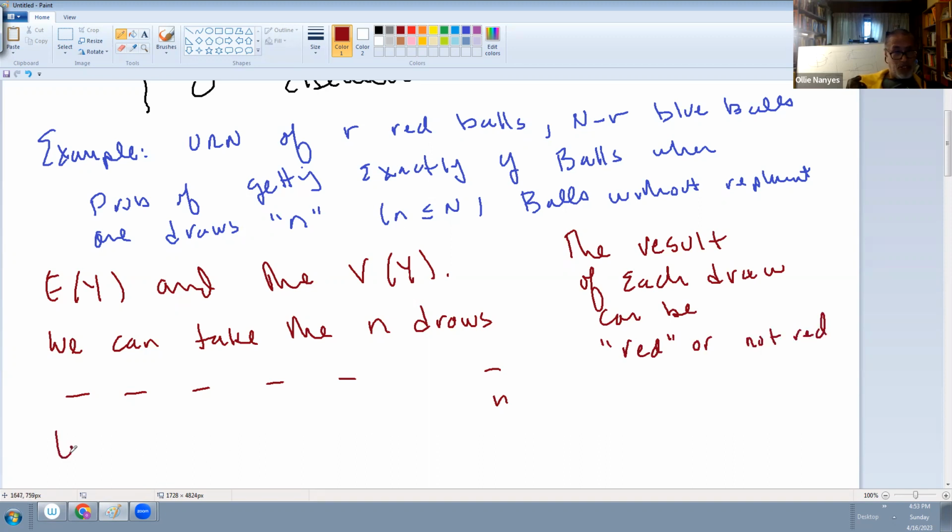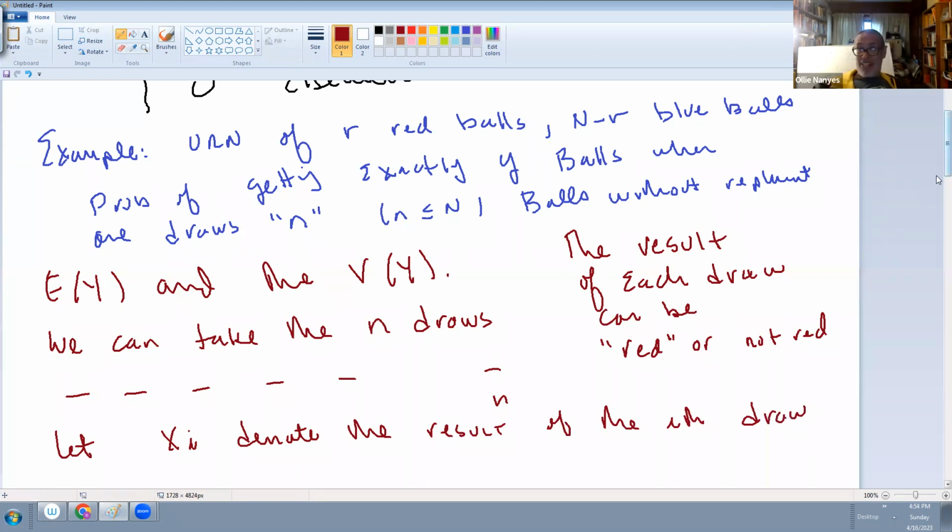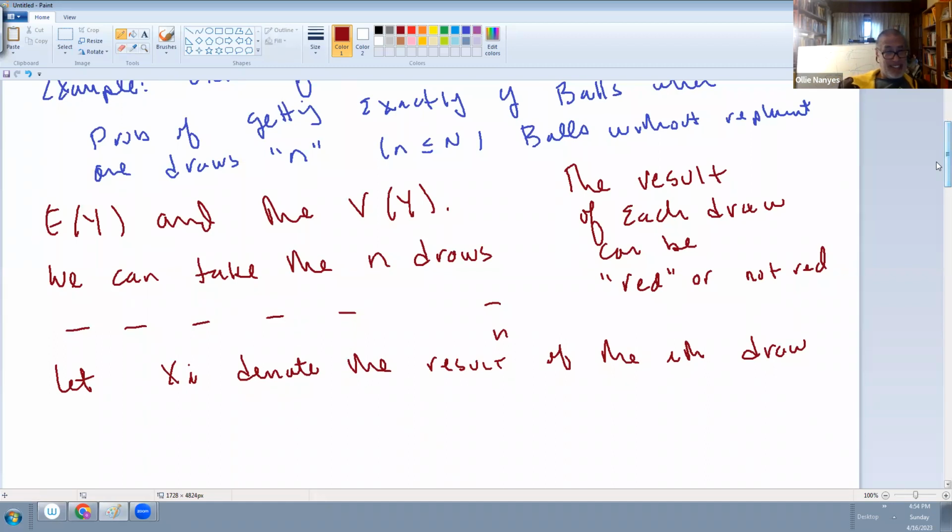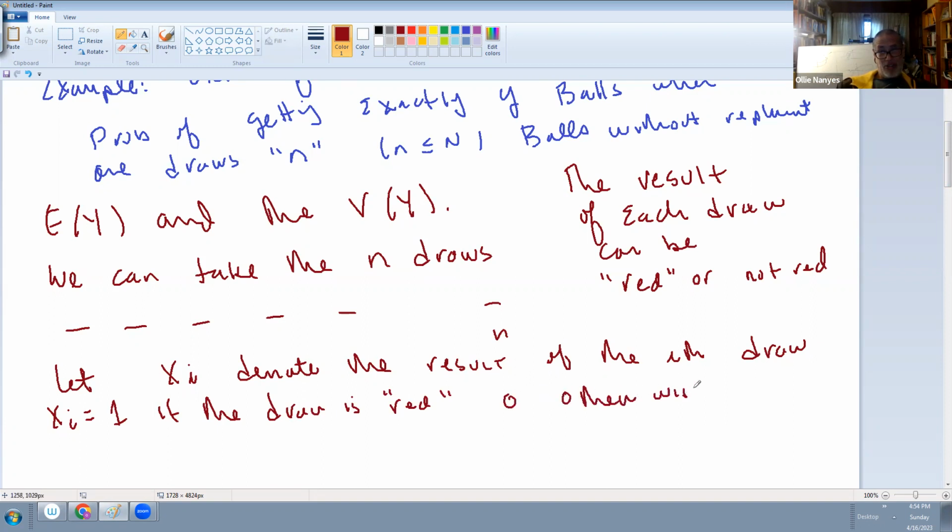So we'll let xi denote the result of the ith draw. And xi will be 1 if the draw is red, the selected class, and 0 otherwise.